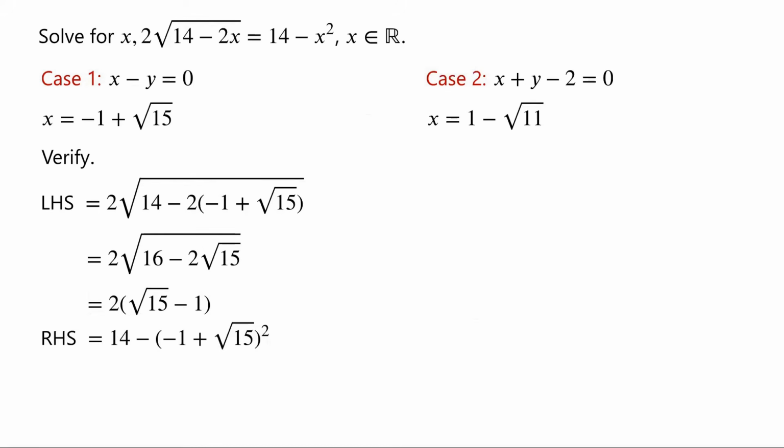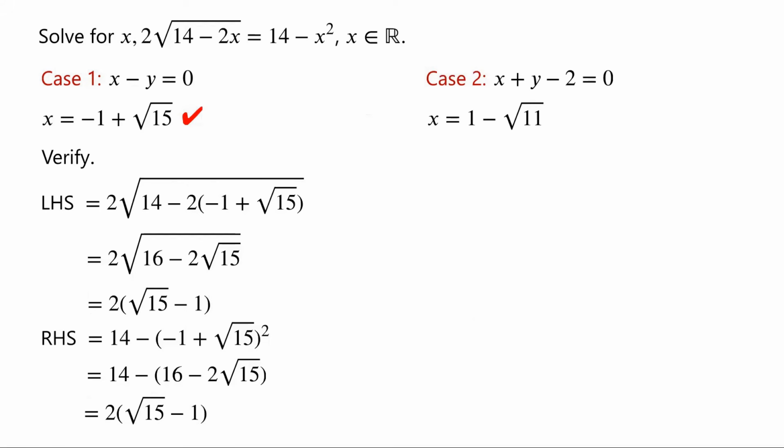While the right-hand side of the equation is equal to 14 minus negative 1 plus root 15 all squared. Negative 1 plus root 15 all squared is equal to 16 minus 2 root 15. 14 minus 16 minus 2 root 15 is equal to 2 times root 15 minus 1. So, x equals negative 1 plus root 15 is a solution of the original equation.